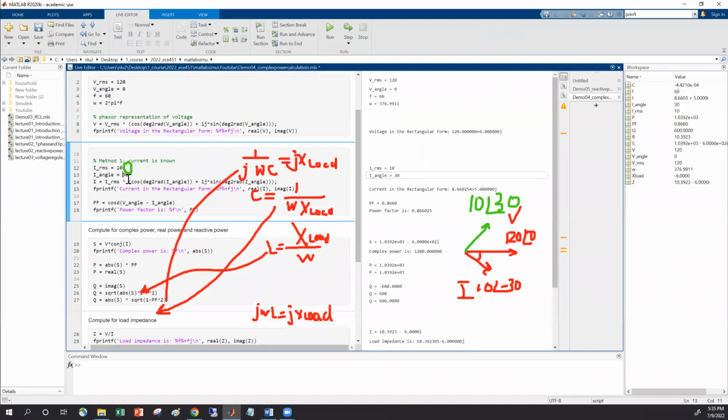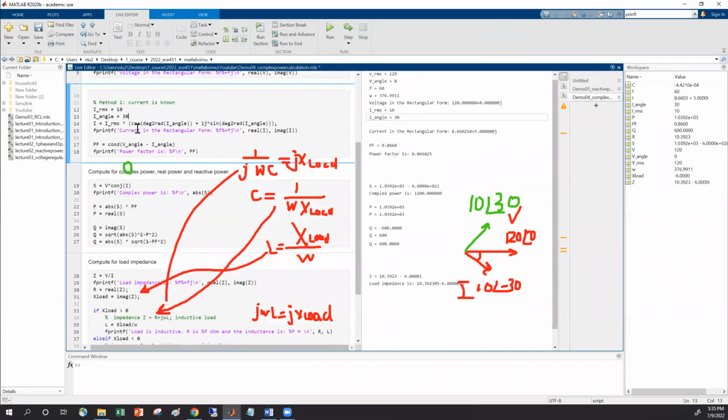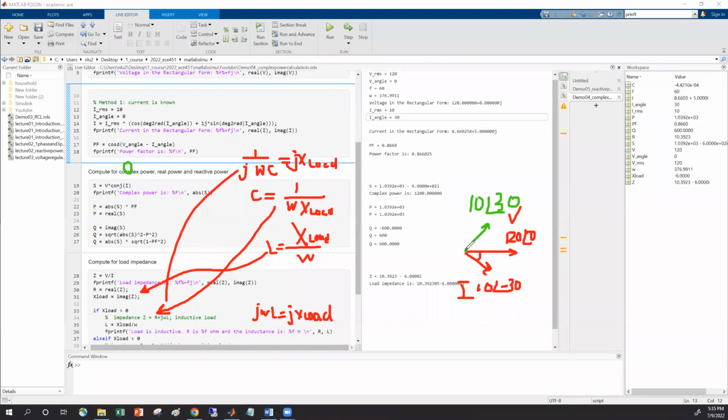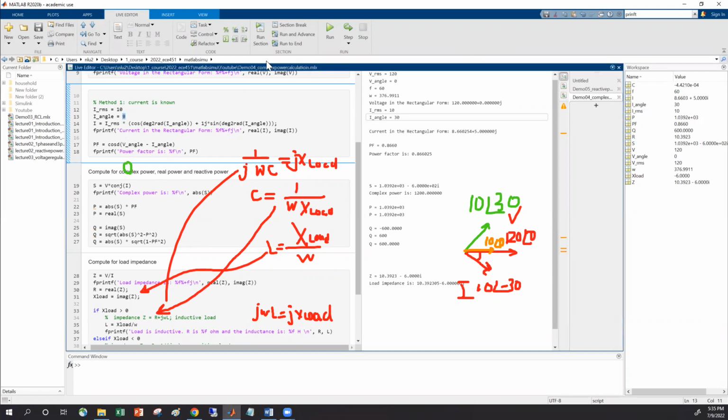So if I take this current right here and change it to 0, this is 10 at 0. Then the load should be resistive. Let's see if that's the case. Okay. So I change this value to 0 and then run everything again.